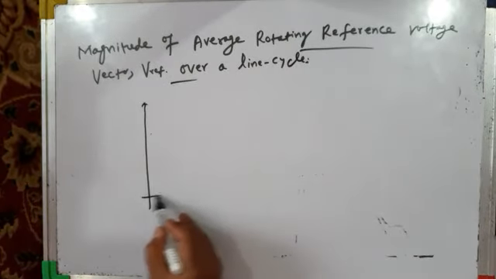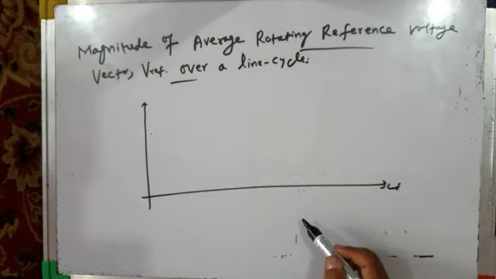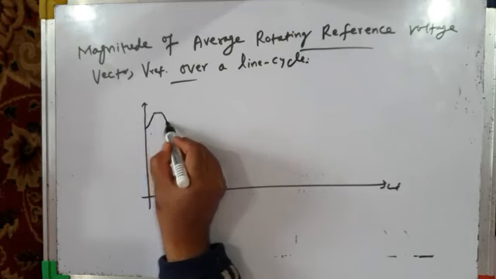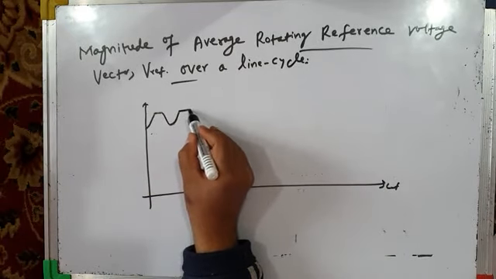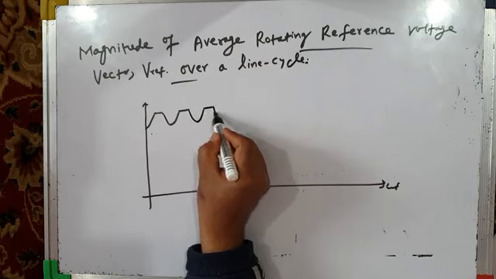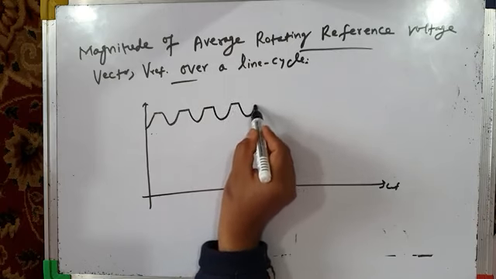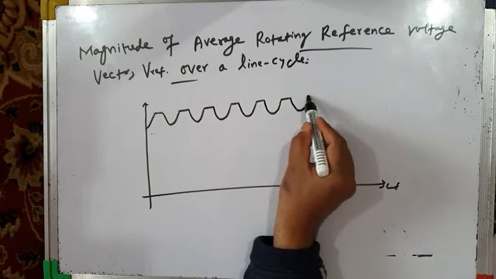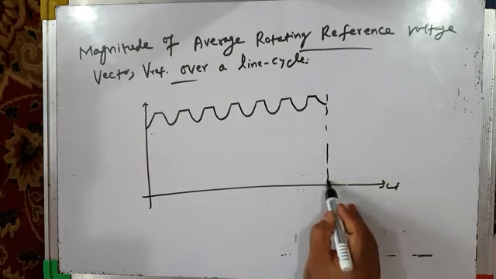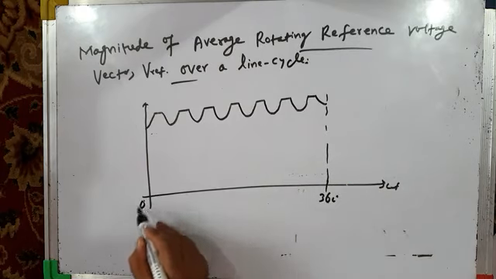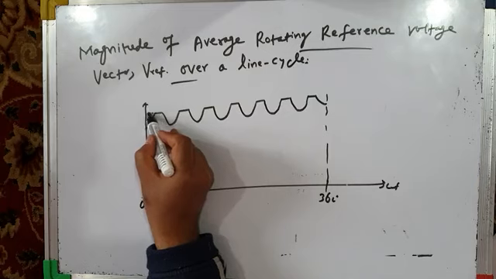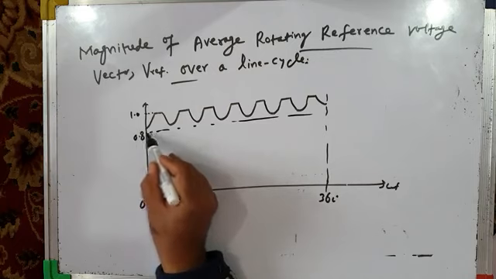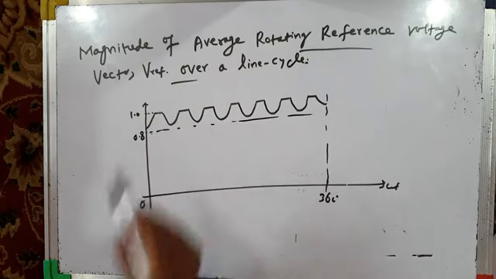So it will be like this. This is omega t. It will go like this. This is 360 degrees, full line cycle, 0 to 360 degrees. This value is 1.0 and this line is 0.8. So it is greater than 0.8 and it is 1.0.